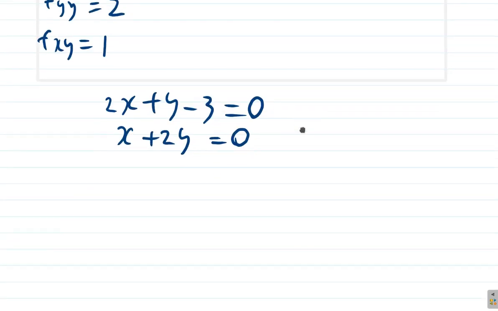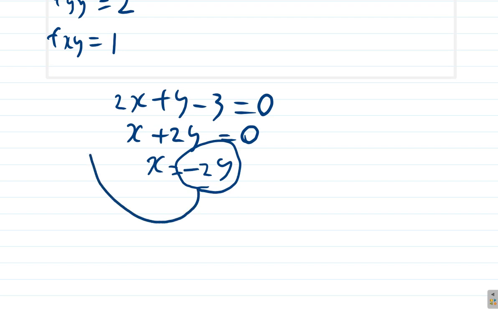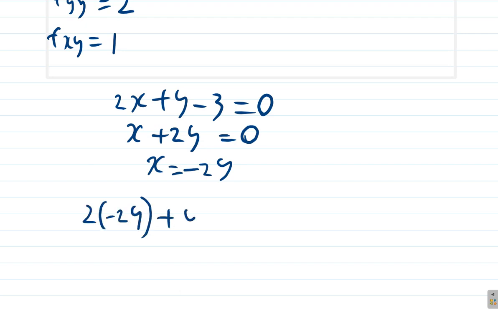What you can do here, you can just use substitution. If we transpose this equation to make x the subject, we have x is equal to negative 2y. Then wherever x is in the other equation, we put this there. So 2 times negative 2y plus y minus 3 equals 0. 2 times negative 2 is negative 4.